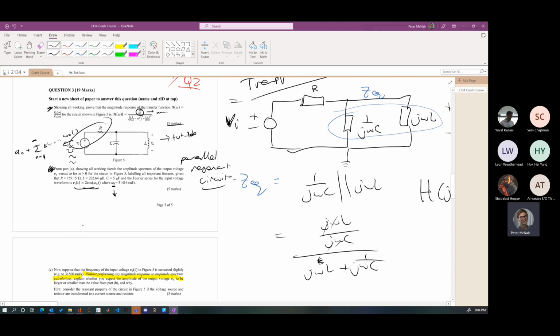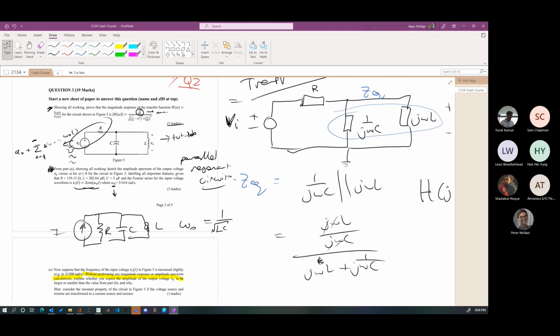So if we source transform, it becomes current source, resistor, capacitor, inductor. And we know from this that the frequency omega naught is 1 on root LC. And that means that this omega naught that they gave us here, if we calculate this, is actually the resonant frequency.